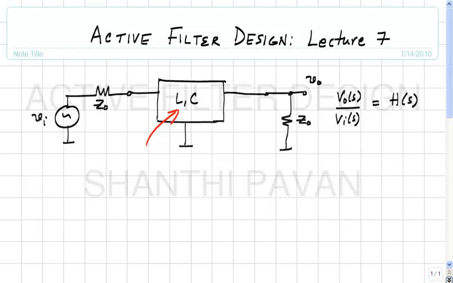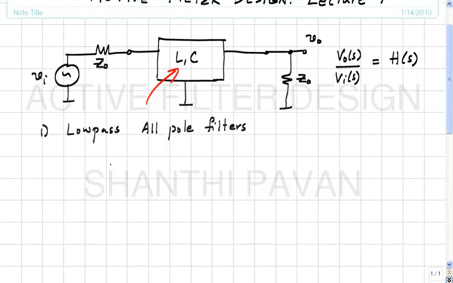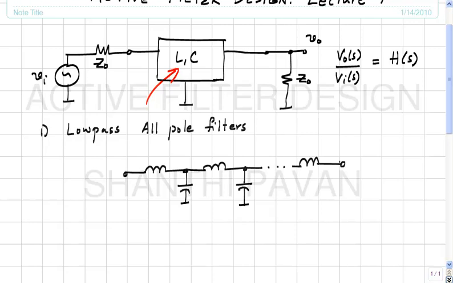And if we consider the special case of low pass all pole filters, then the ladder is a reasonable choice, okay.